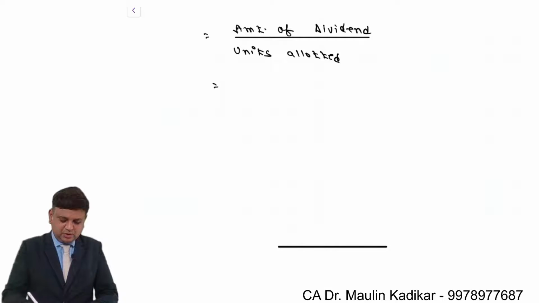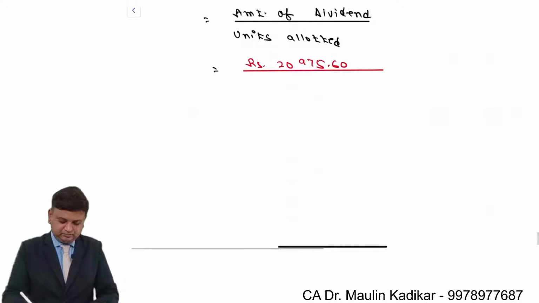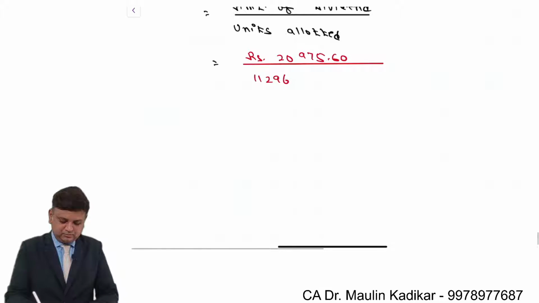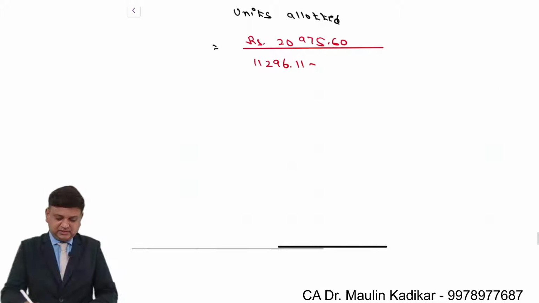That is 20,975.6 upon 11,296.11 minus 10,487.8.